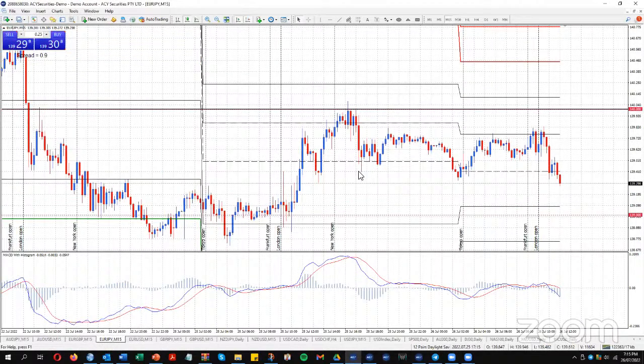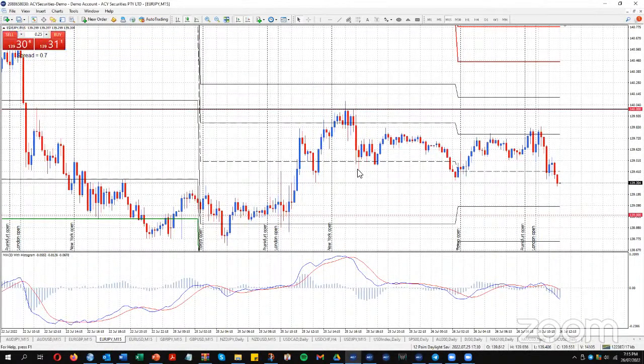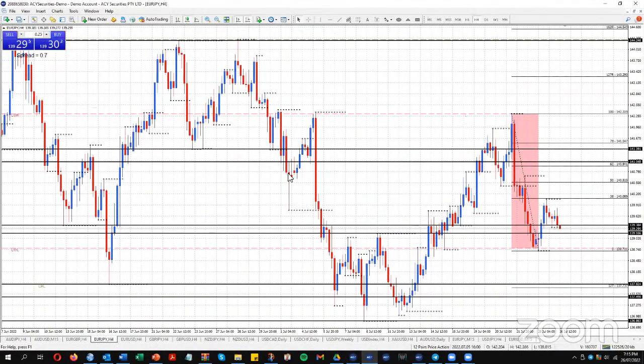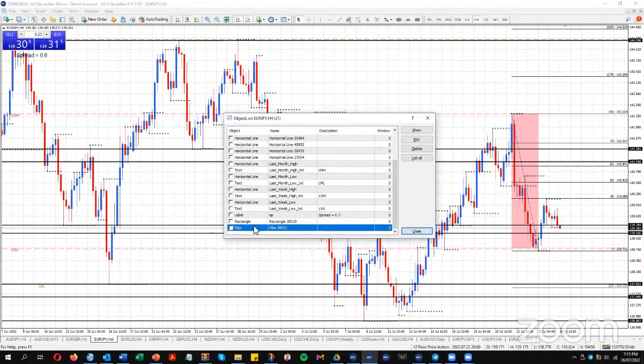Euro Yen, this had a massive sell-off last week from the interest rate decision. Let me go to my other charts to the Euro Yen. What I might do is just get rid of that block so we can go to the higher time frames and I can put it back.